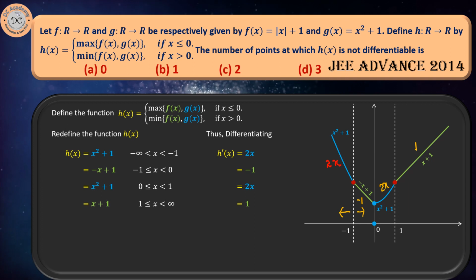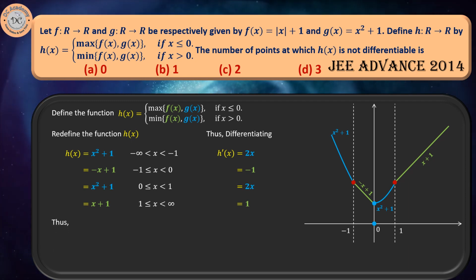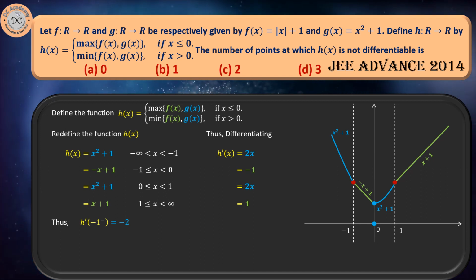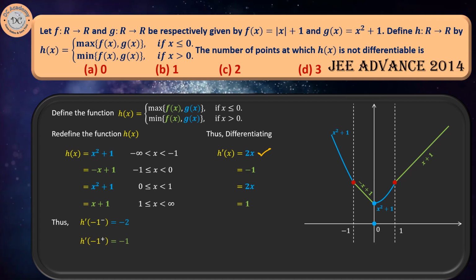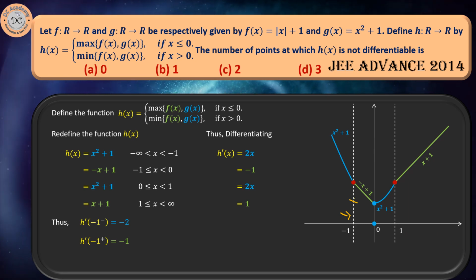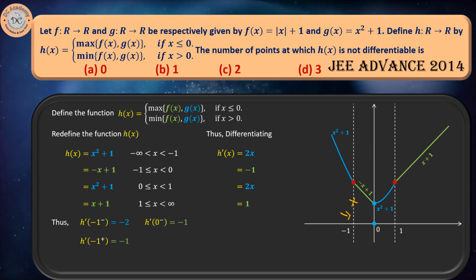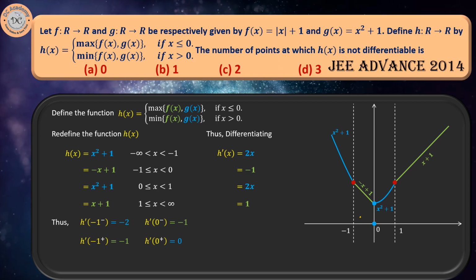Whenever I take minus 1 plus something, we substitute in the next expression, so it will be minus 1. So the right and left derivatives at the point minus 1 are not equal, therefore the derivative doesn't exist. Similarly at 0, the left side gives minus 1, and if I substitute in the next case for 0 plus, it gives 0. So again, the derivative doesn't exist here.